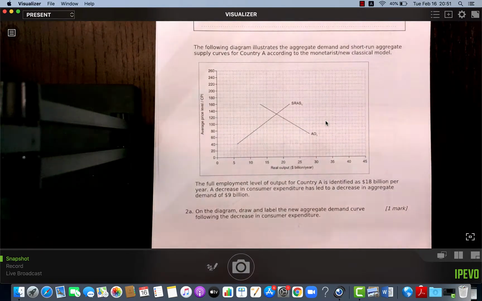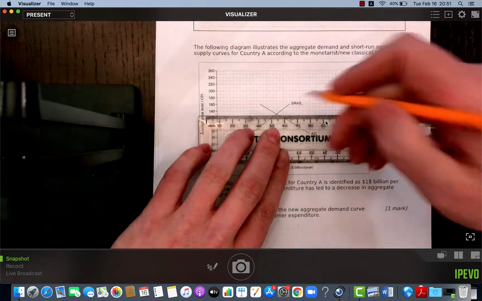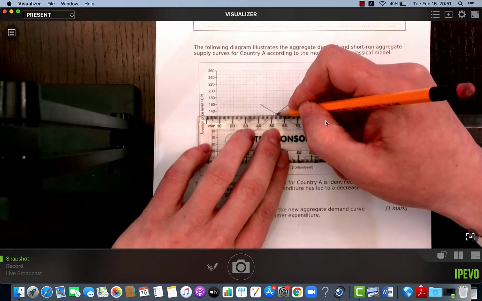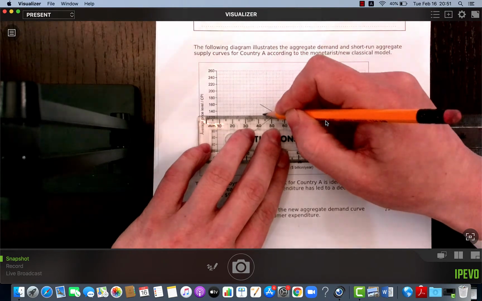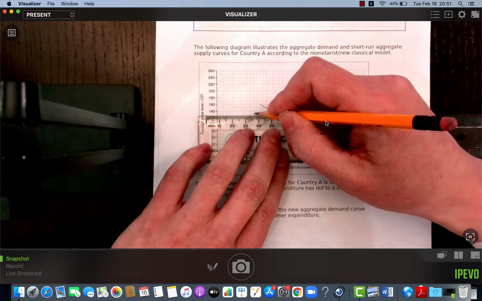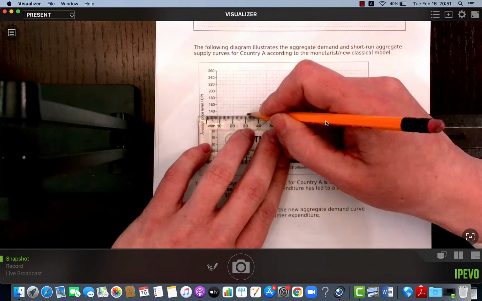But as my eyes are bad and this is tricky, I'm just going to go to this point here and count 1, 2, 3, 4, 5, 6, 7, 8, 9, and put a nice little dot there.